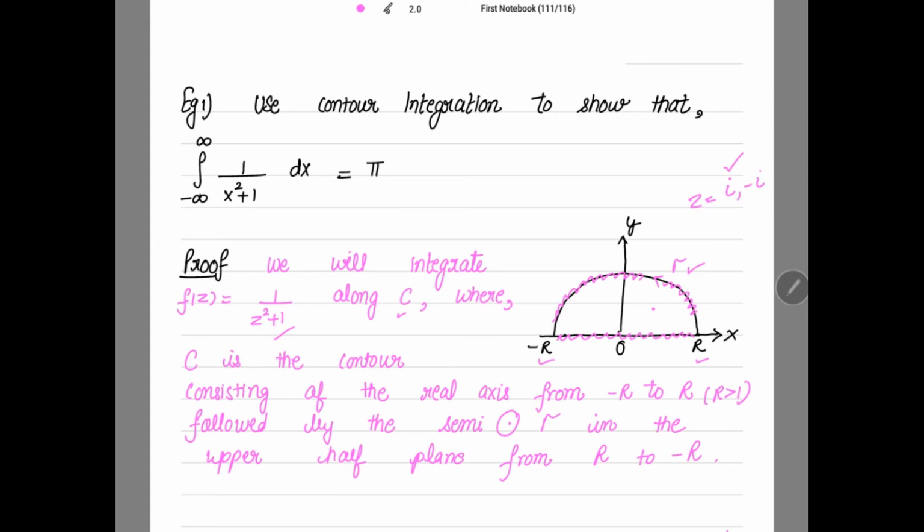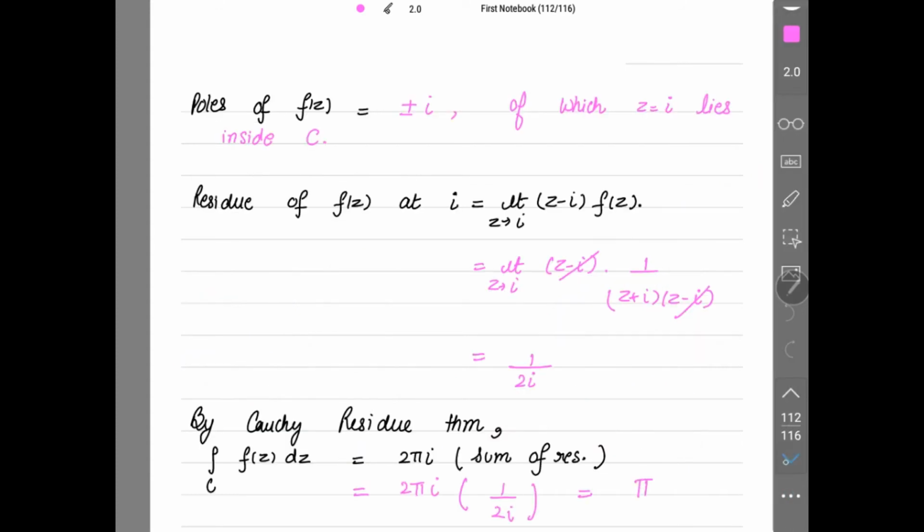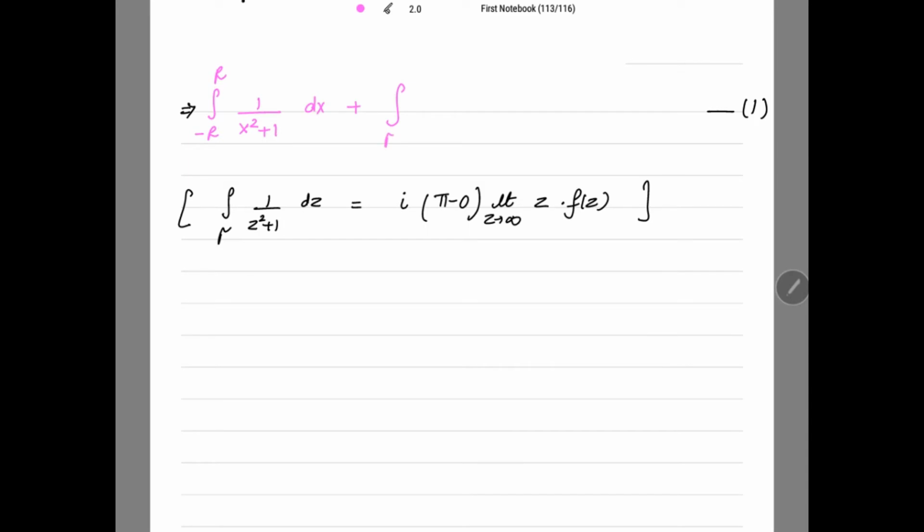So the integration over C is from this real axis plus the integration over this tau. Over this tau, I have to write it as z square plus 1 because x and y both coordinates are included, as z equal to x plus iota y. This is your pi.